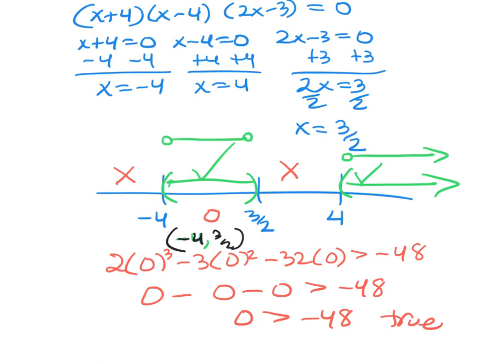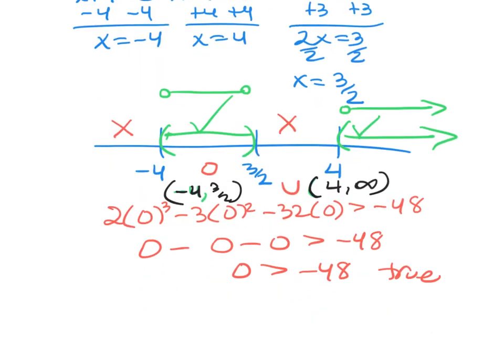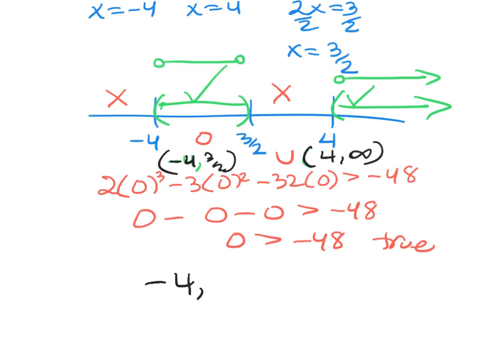The red X is the union, and then it starts again at the 4 and goes to infinity. Let me write it lower. Negative 4, comma, 3/2, unioned with 4 to infinity. So that is it for the notes on 1.8a, and you do have your web assign assignment.